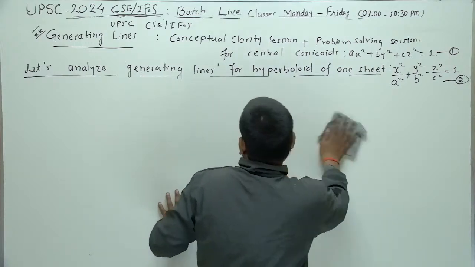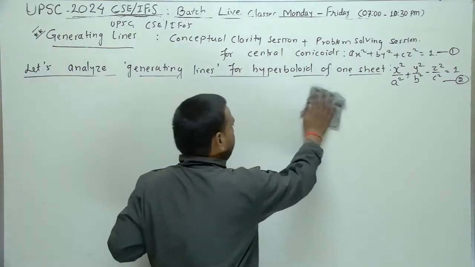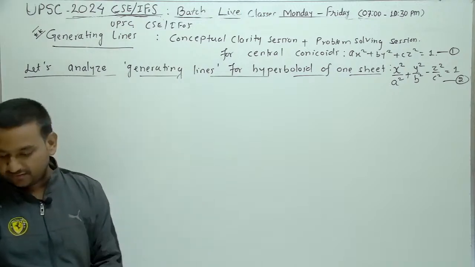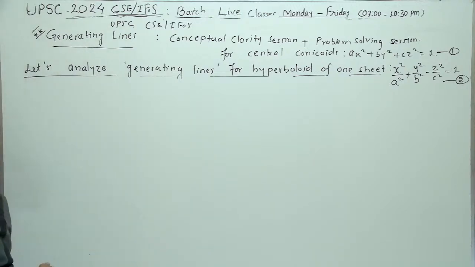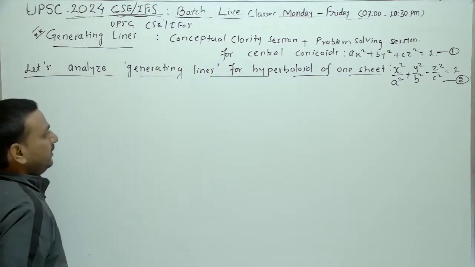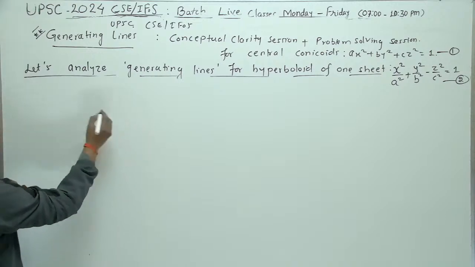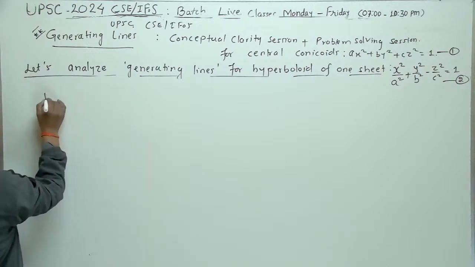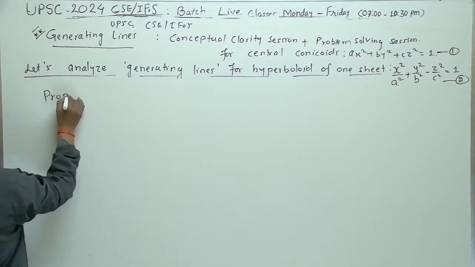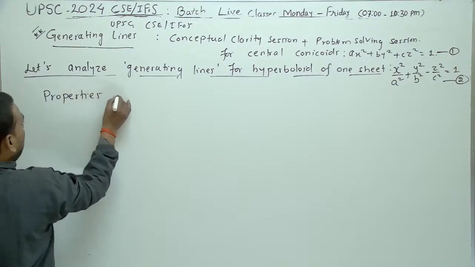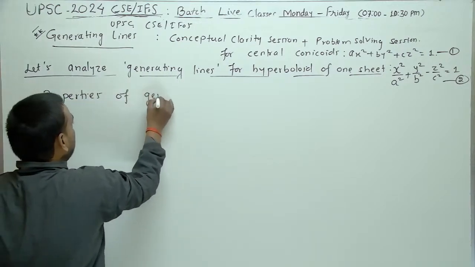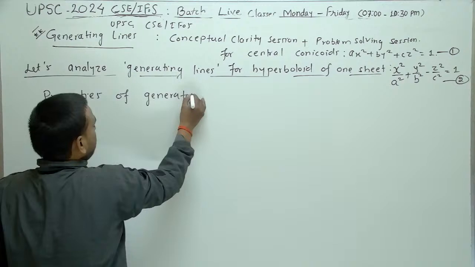So let's move back to method 1 and discuss some basic properties. ठीक है, ध्यान से देखिए. Write a heading please. Properties of generators.